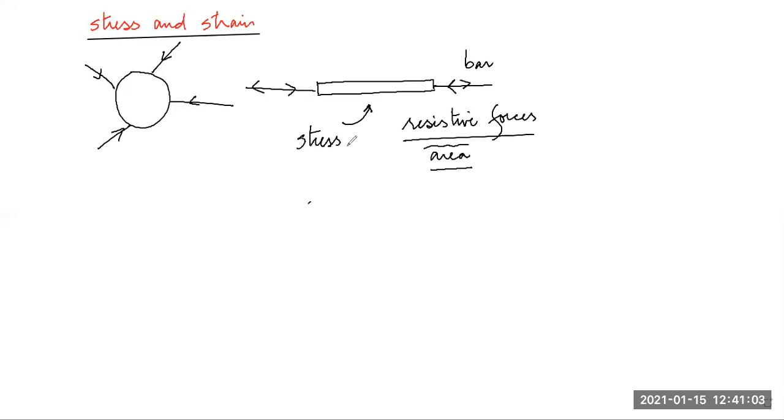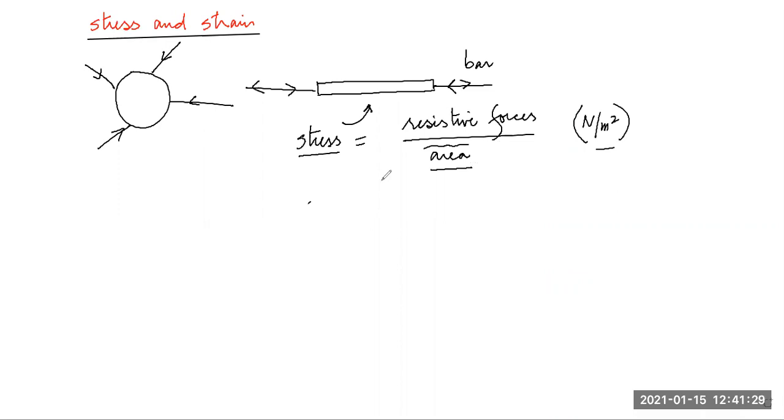The magnitude of resistive forces is equal to the applied force. The unit of stress would be Newton per meter square, just like the unit of pressure, that is Pascal. So, in simple words, we can say stress is restoring forces per unit area.